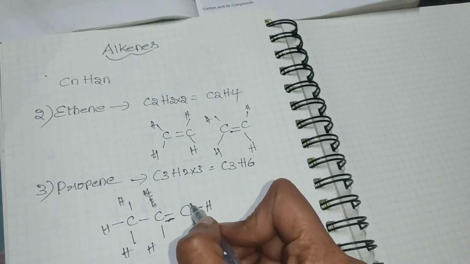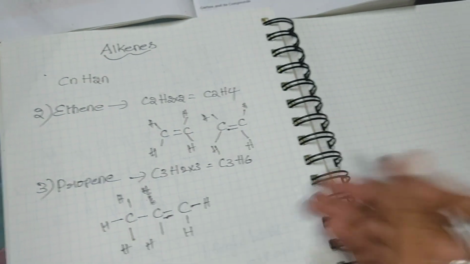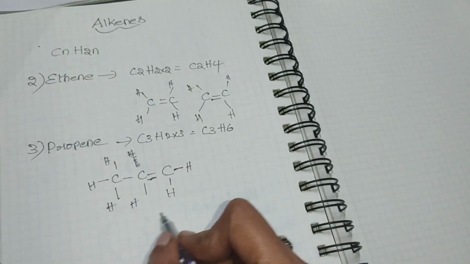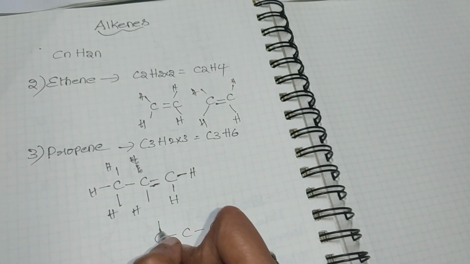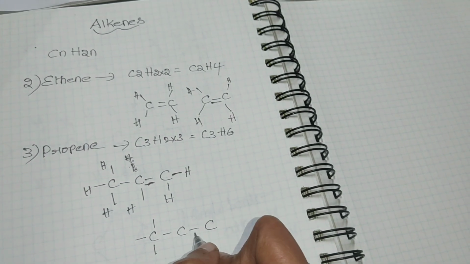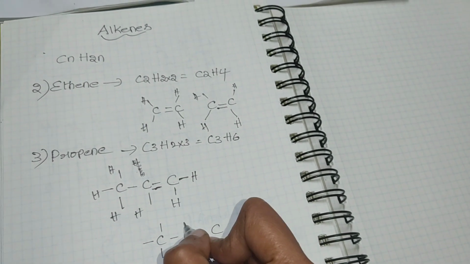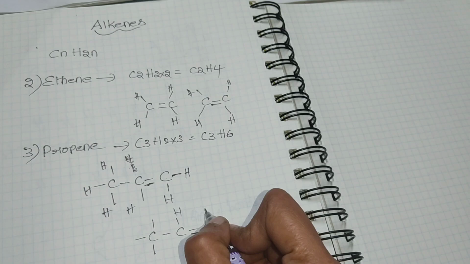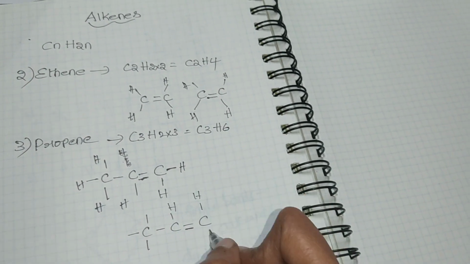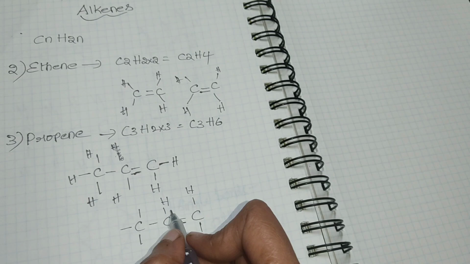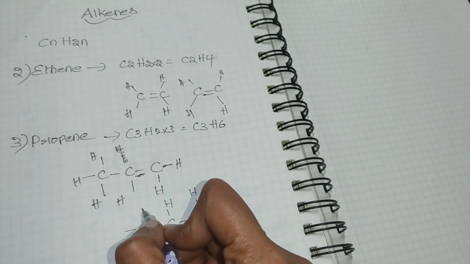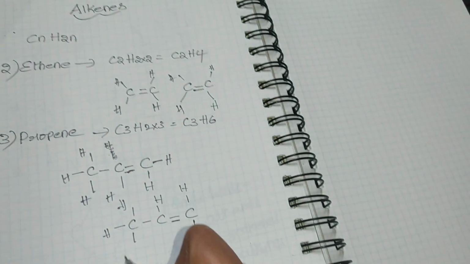So we remove a hydrogen here and keep it here. So the correct structure of propene: if we are keeping it here, then only 1 hydrogen will be here and 2 hydrogens will be here. So 1, 2, 3, 4 satisfied, 1, 2, 3, 4 satisfied, and here normally 3.